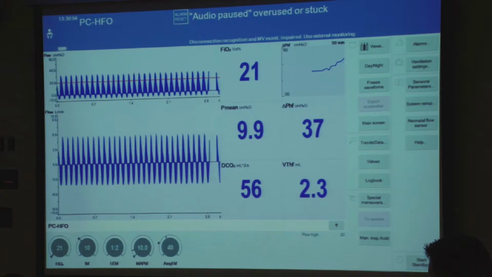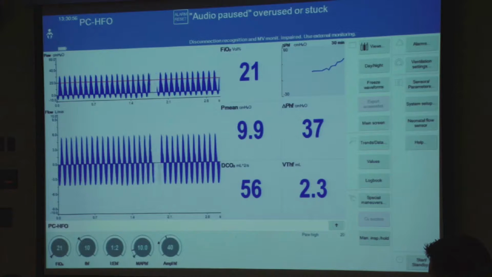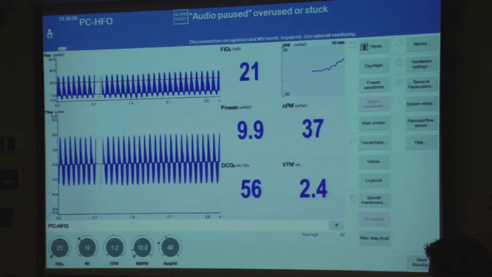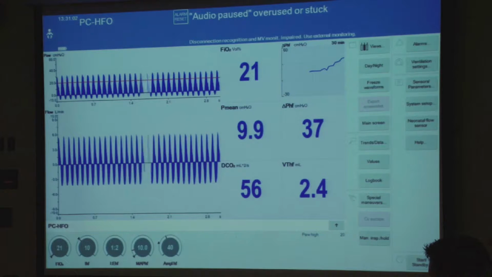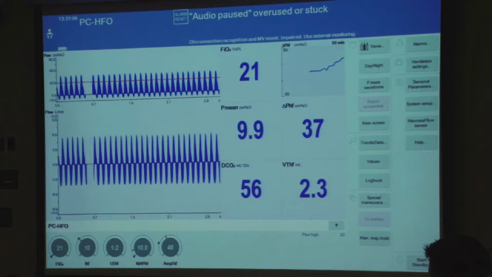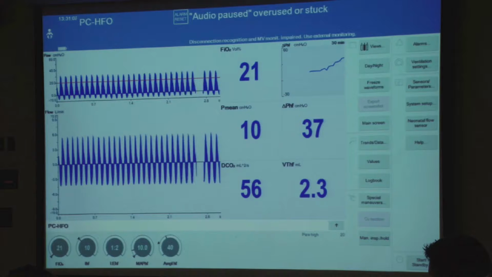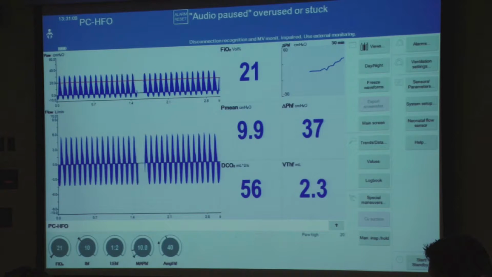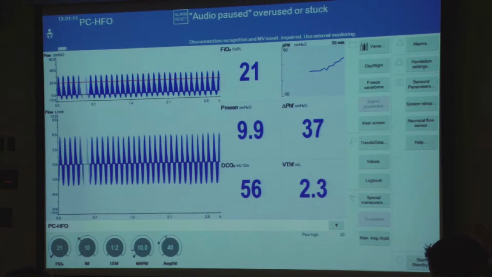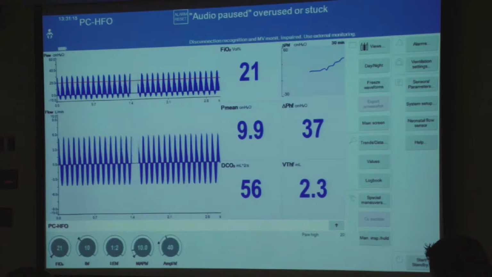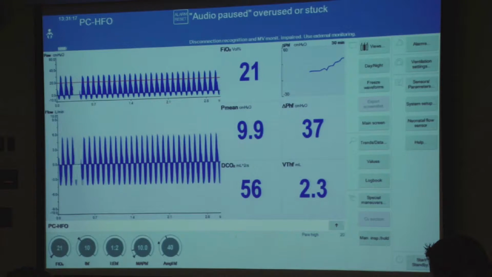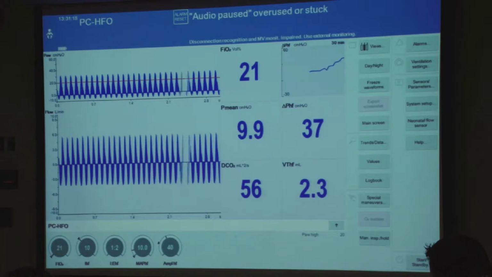Normally, if you have an appropriate relationship between amplitude and mean airway pressure, if you pause the oscillator, the mean airway pressure should stay exactly the same. But if you pause it and the mean airway pressure drops by 2 or 3, that means the amplitude is propping up that mean airway pressure, and it's considered an abnormal relationship of one to the other.